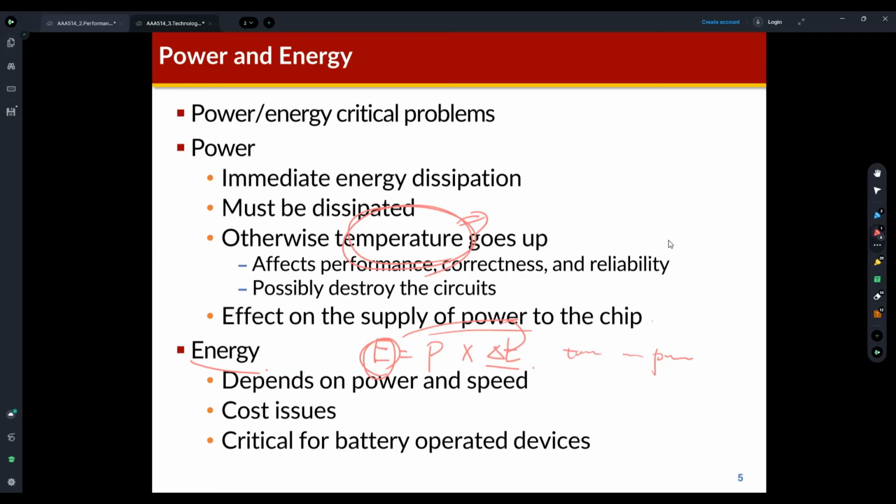Actually, energy is the integrated power. Energy is very critical for mobile devices, so we also need to consider the energy consumption.